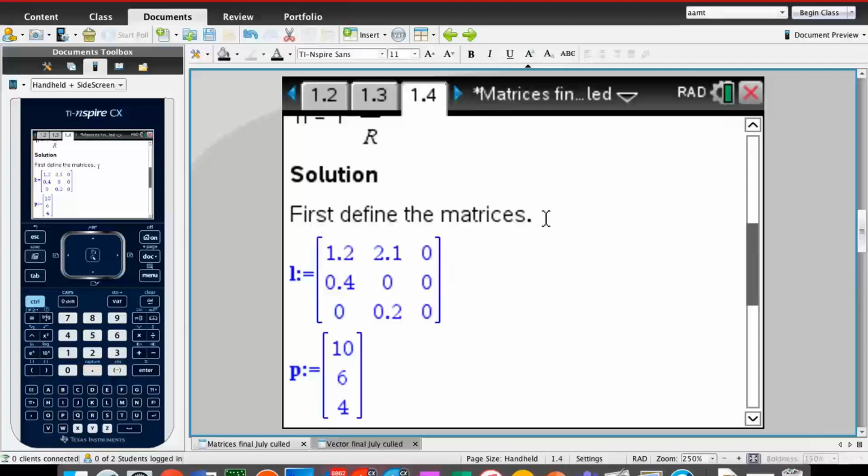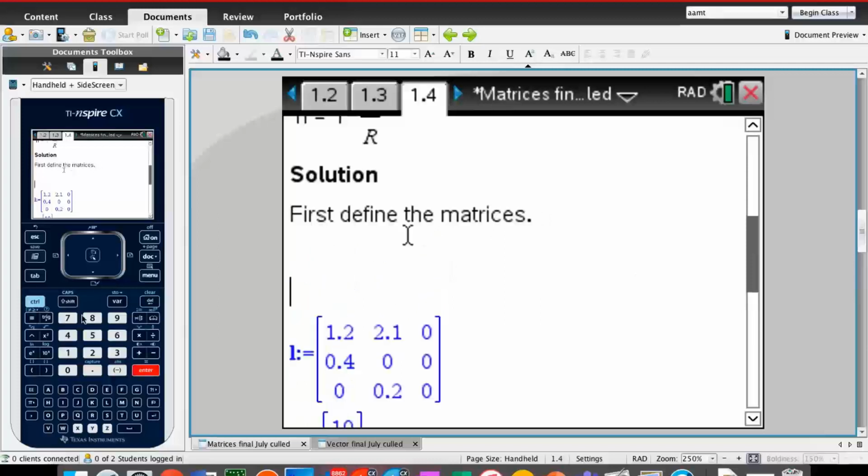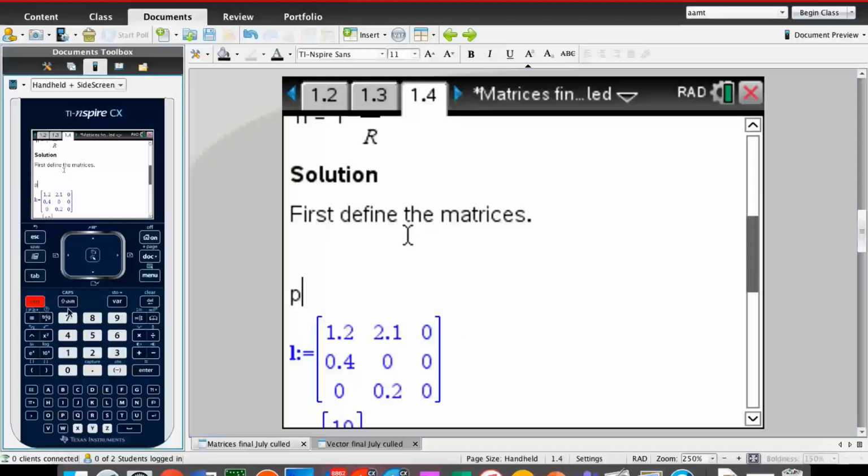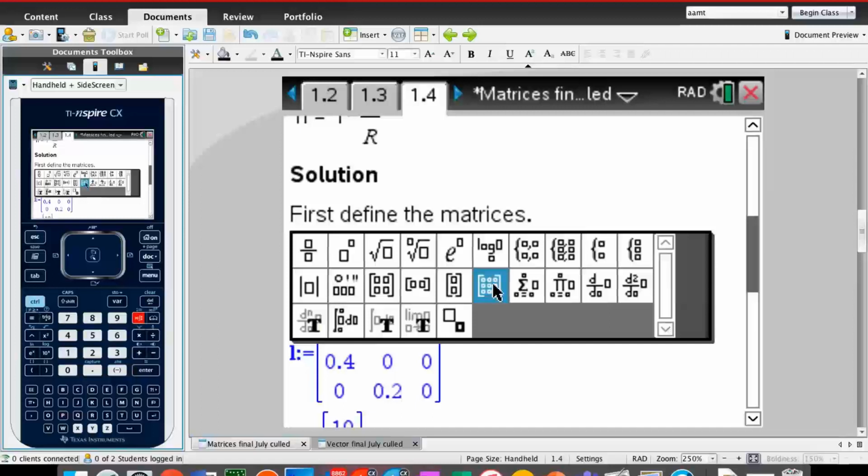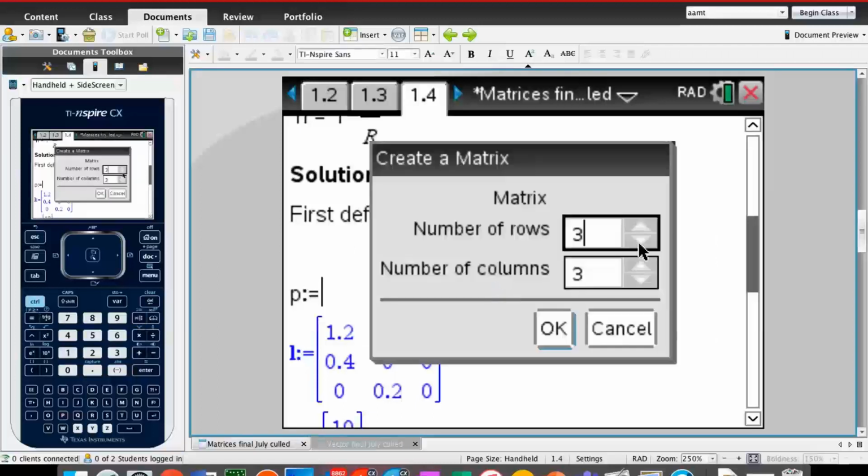I'll get some space here. So if I wanted to define, say, another matrix, because I've already got these set up, if I had P, and then this is very important too, if you hit Control and the template, so now we're going to assign a matrix, and if we click on the template there, I'll just do a smaller matrix.